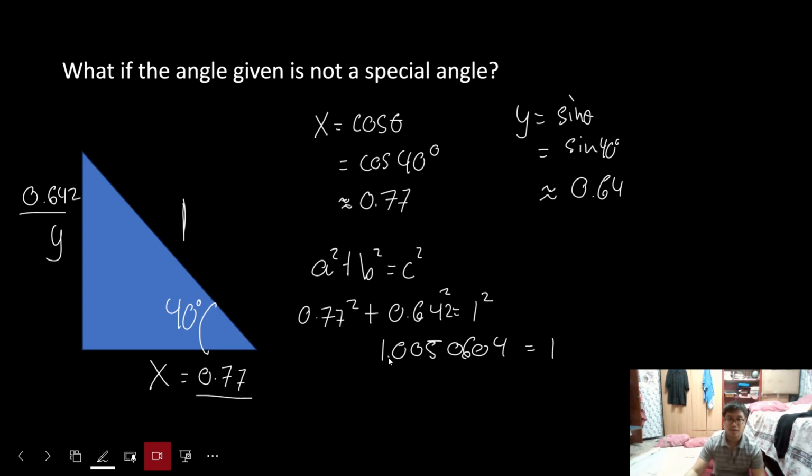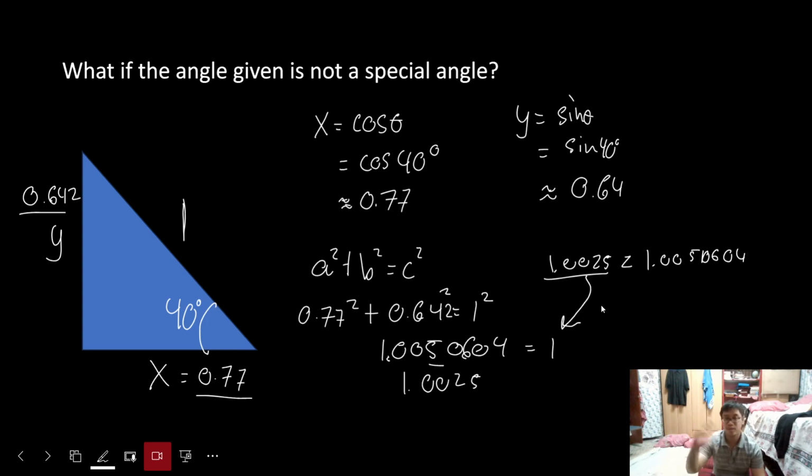But as you can see, there's a difference. Before it was 1.0025, now it's 1.005. So it's getting away from 1. 1.0025 is closer to 1 than 1.00500604.